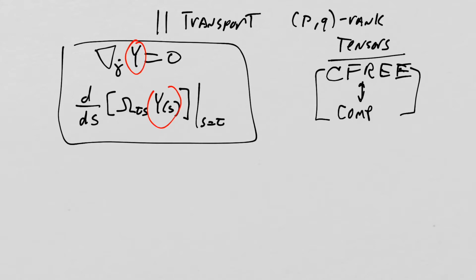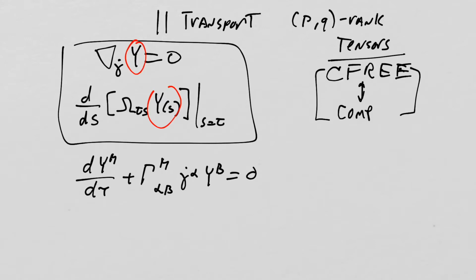A vector field. And of course we also have the component notation, right? dY^mu/d tau plus Gamma^mu_alpha_beta gamma dot^alpha Y^beta equals 0, right? So these are the three forms of parallel transport, but they're all defined for vectors.